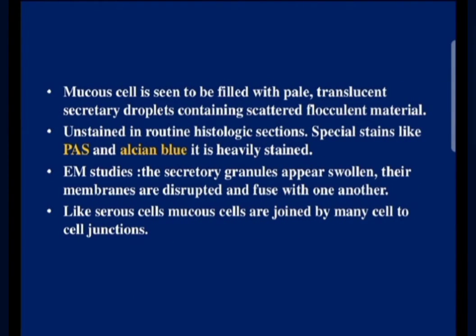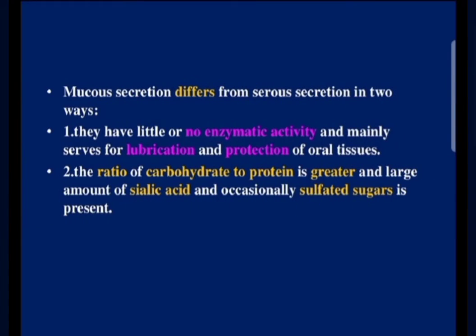Mucous cell is seen to be filled with pale, translucent secretory droplets containing scattered flocculent material, unstained in routine histological sections. With special stains like PAS and Alcian blue, it is heavily stained. Mucus secretion differs from the serous secretion in two ways.